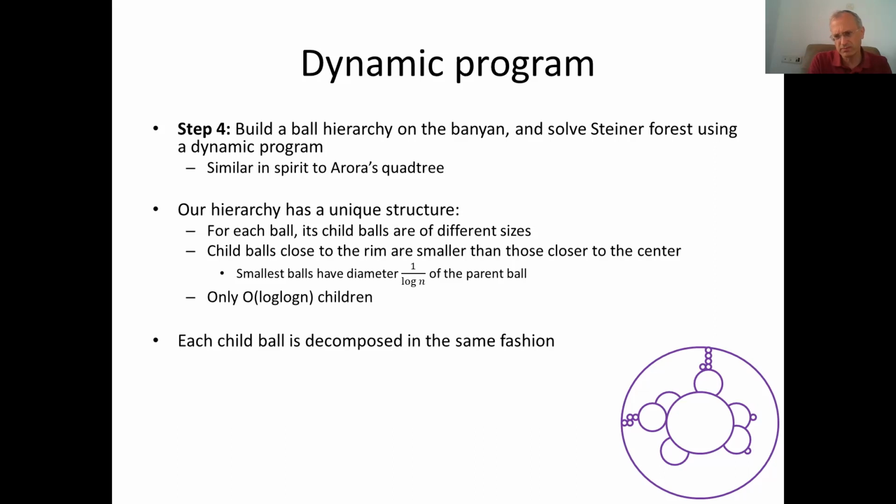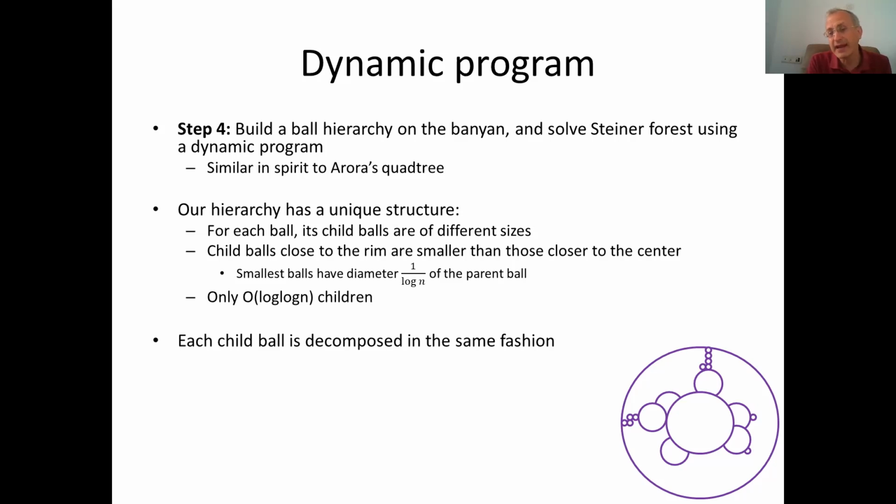And as you go deeper and deeper, closer to the center, you get balls that are bigger and bigger, and the center ball is only a constant fraction smaller than its big parent. So there's this staggering system of balls, such that the balls near the rim are very small, and as you go towards the center, the balls get bigger and bigger.